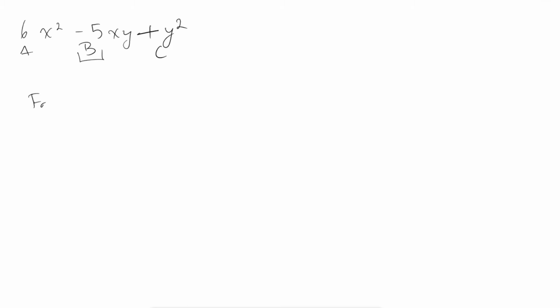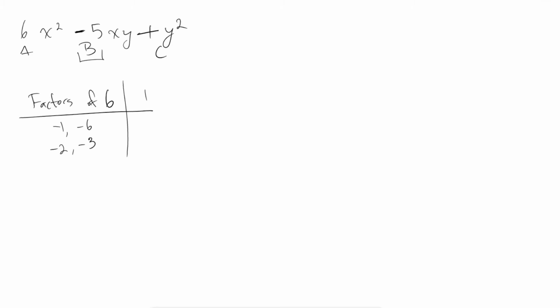So I'm looking for factors of 6. Now, they multiply to be positive, but add together to be negative. So I'm actually looking for the negative factors of 6, not the positive factors. So my negative factors of 6 are negative 1 and negative 6, and negative 2, negative 3.